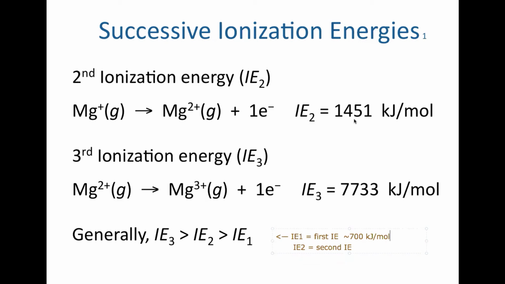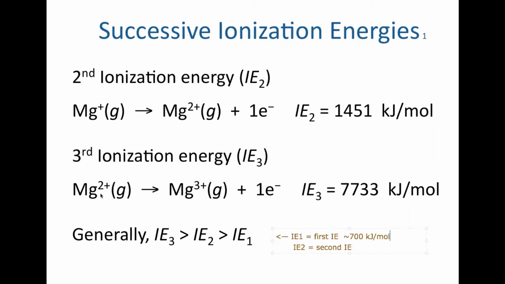Why would it take more energy to remove the second electron? What's going on? Well, magnesium has 12 protons. So as I lose electrons, the electrons I have left are held more tightly, right? So it doubles. But now let's look at the third ionization energy. What happened with the third?